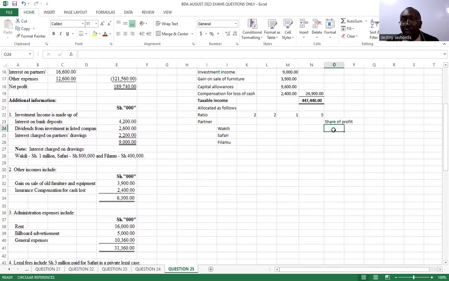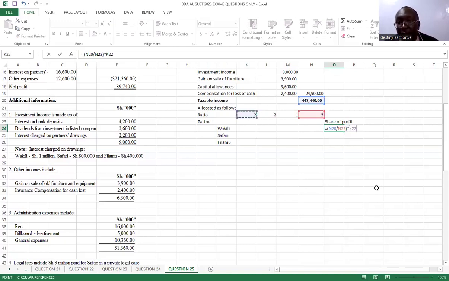So how much will this one get? It will be equals to open the brackets. This amount here, divide by this, close the brackets, multiply by this ratio here. That's what you shall get.